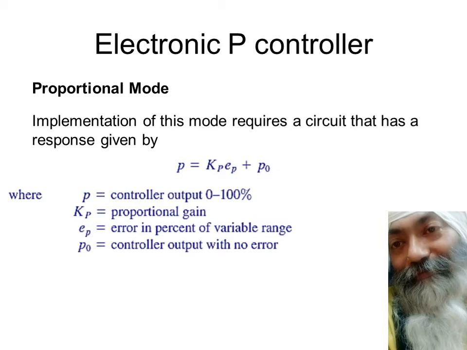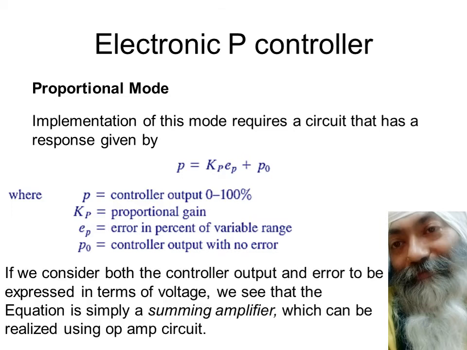But there is a slight catch over here which you must not miss at this stage. Once again, all these things need to be expressed in terms of voltage. The error has to be in terms of voltage. The output of a controller has to be in terms of voltage. This P naught again is in terms of voltage.